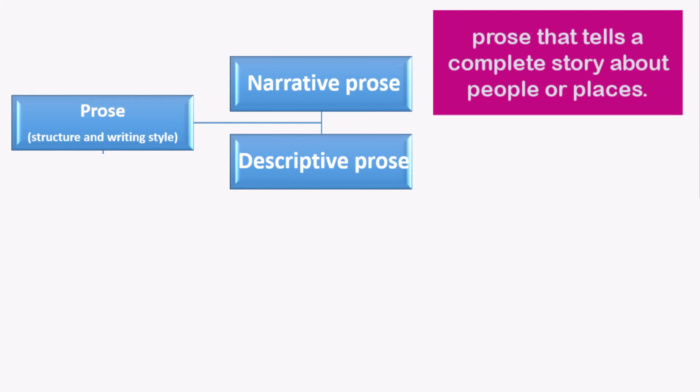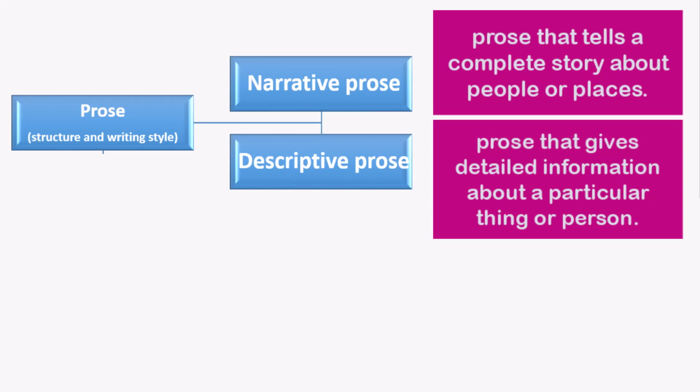Descriptive prose, which is prose that gives detailed information about a particular thing or person. So, while narrative prose could be a full story about what happened at a party, descriptive prose would be centered on the details of the house the party held.